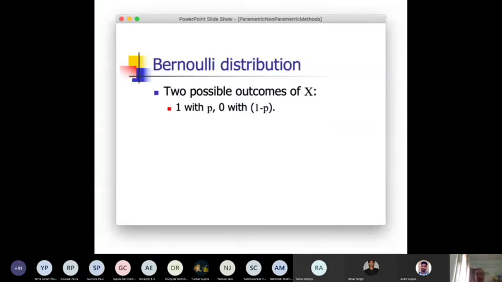Now let us consider some of the distributions which we have discussed earlier. One of these distributions is the Bernoulli distribution. And you know that the Bernoulli distribution is very simple in that respect: we consider a random variable which has only two possible outcomes, and those outcomes are identified by the value of x being either 0 or 1.